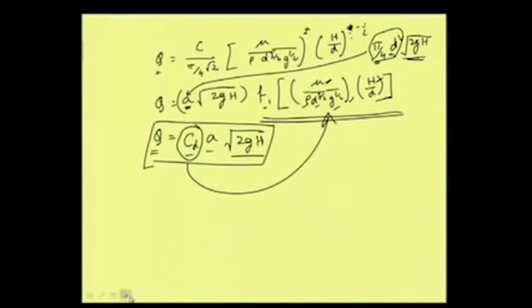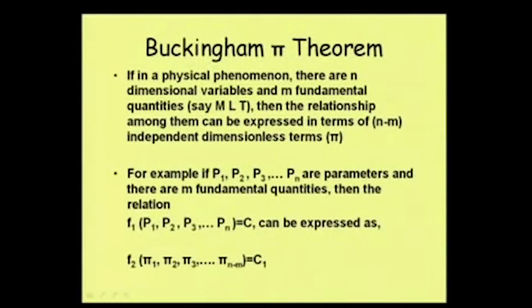Well, that is what we have explained briefly, Rayleigh's method. Then if we go for the Buckingham pi theorem, let us discuss that point. If in a physical phenomenon there are n dimensional variables, we have already discussed what is a dimensional and what is a non-dimensional variable.